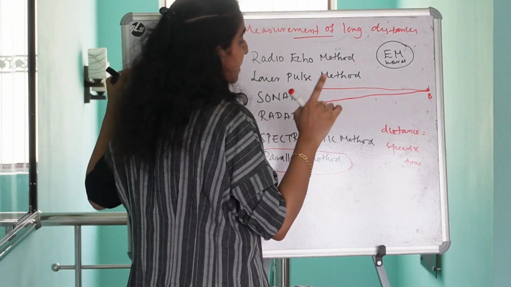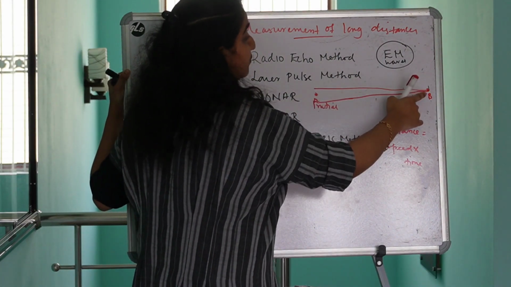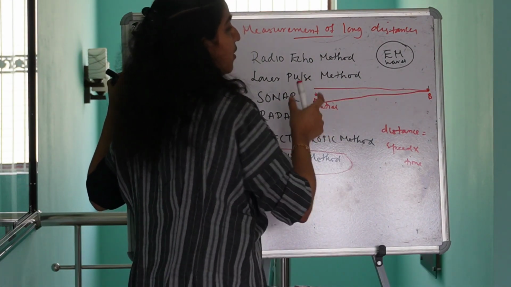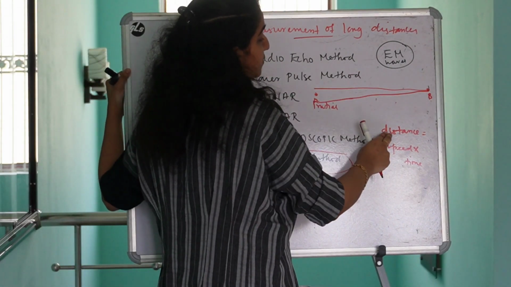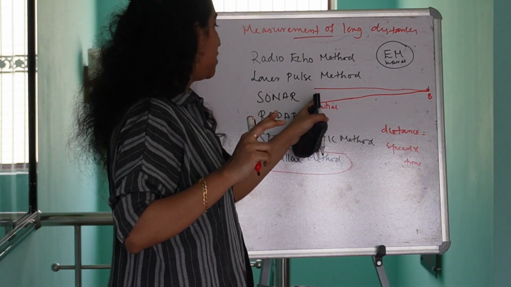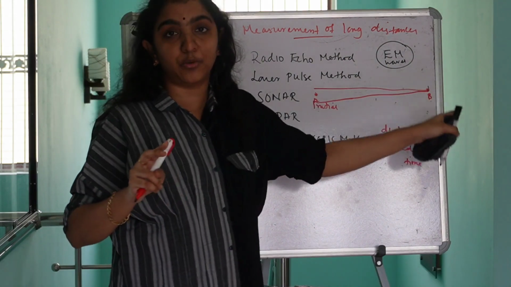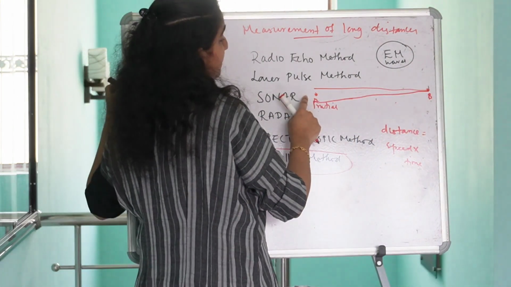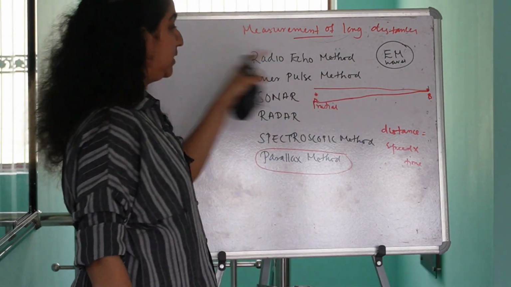We measure the time taken for the reception of the reflected wave, and using those two values we can calculate the total distance from point A to point B, that is, the total distance from the initial point to the target.